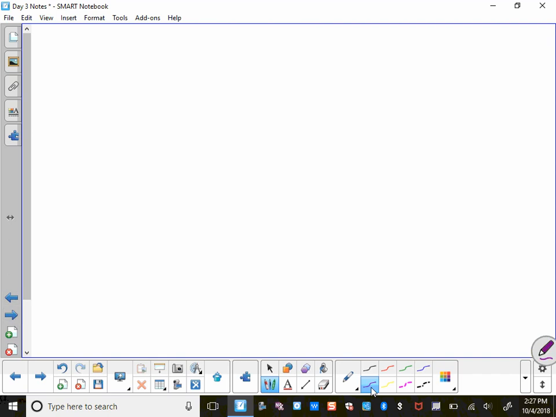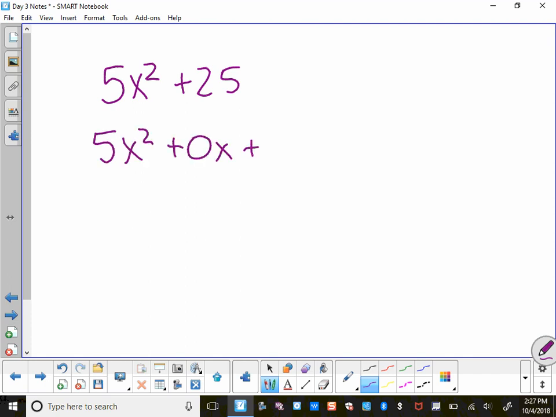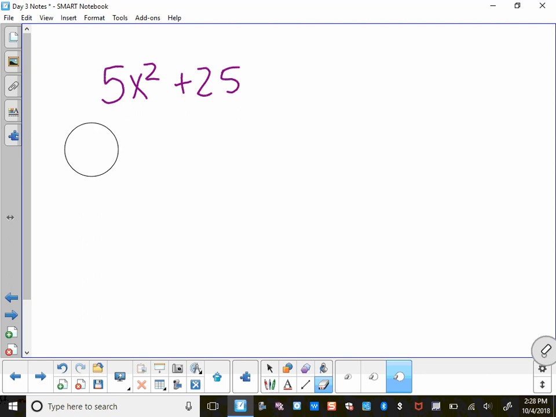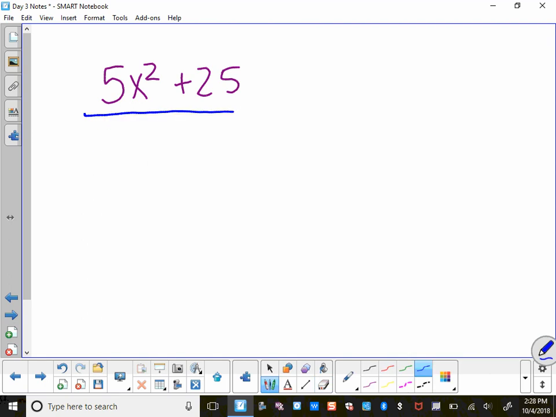Alright, now I'll give you your mini quiz. Once you're done, let's say we have 5x squared plus 25. Every single one of my classes is putting in the placeholder. You do not have to do that. If you were to do that, you need to switch and do the long one, the grouping. What's the GCF of this? 5.